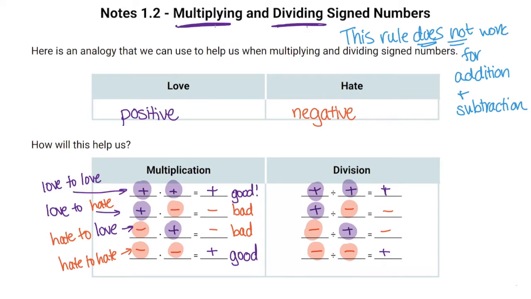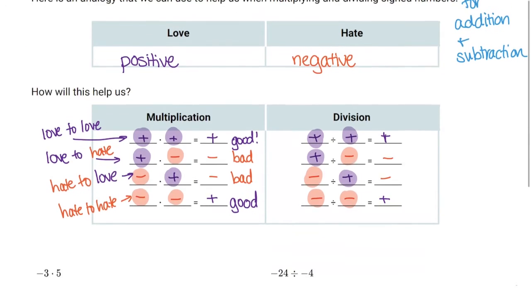All right, so now let's apply that to these questions. In our first example, we have -3 being multiplied by +5. First I'm going to figure out what 3 times 5 is, which is 15. Then this is telling us that we have a negative times a positive, which tells us that we hate to love, and that's a bad thing, so it's negative, so our answer is -15.